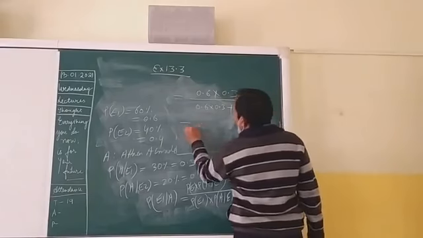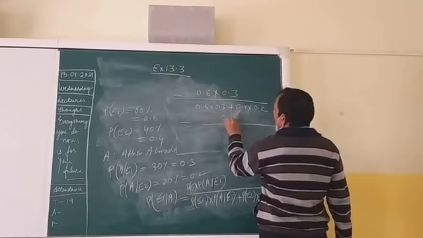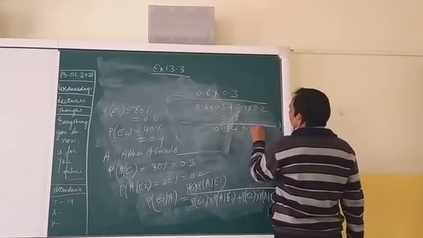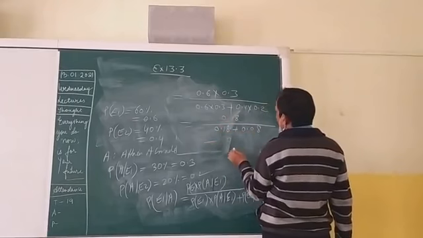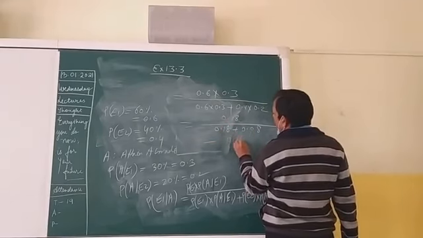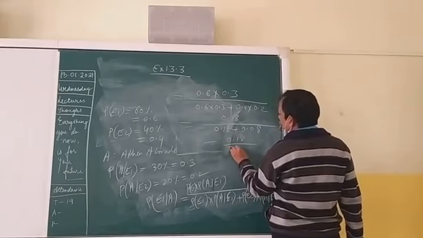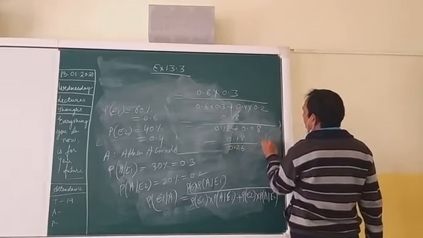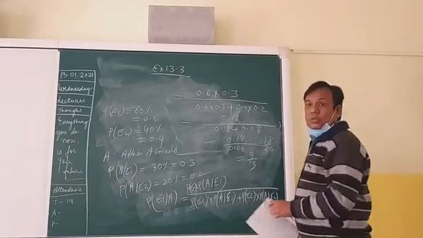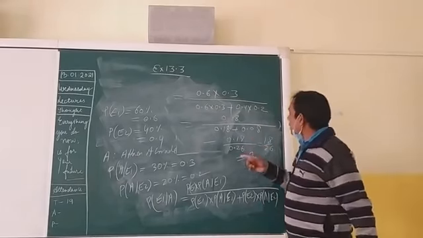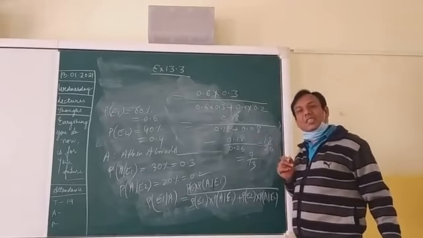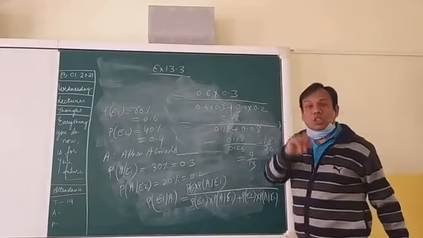So it will be 0.18 by 0.18 plus 0.08, so it will be 0.18 by 0.26, and it will be 18 by 26, and it will be 9 by 13. Don't be confused: 0.4 into 0.2 is 0.08, not 0.8.